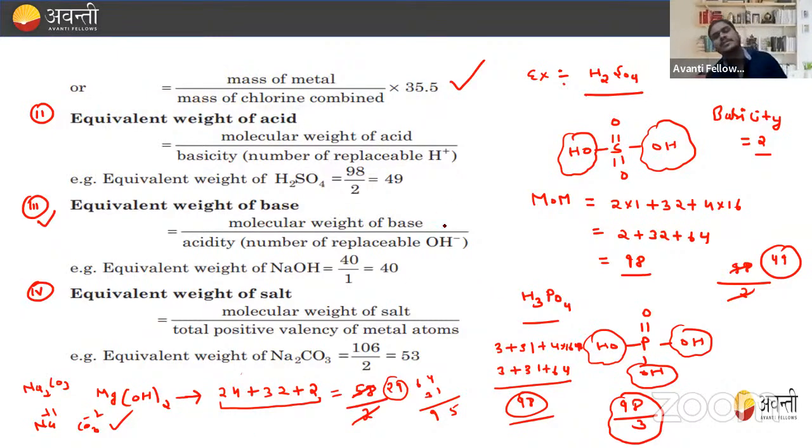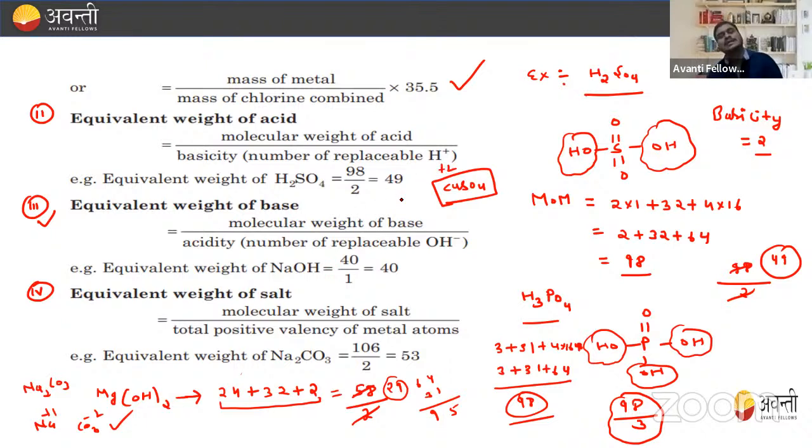Similarly, if the question is copper sulfate, how can you calculate it? What is the positive valency of the metal in copper sulfate? Yes, that is plus 2.